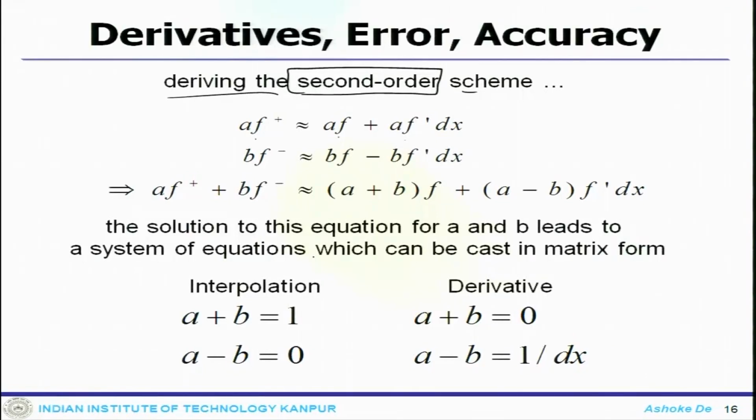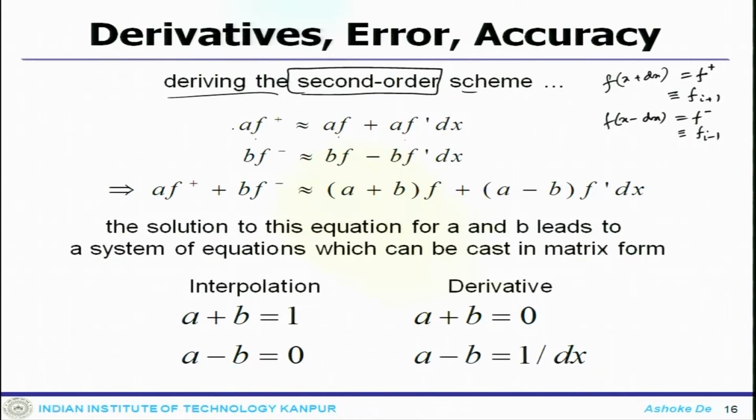So, x plus dx is nothing but represented as f plus, or f i plus 1. Similarly, f of x minus dx is f minus, which is equivalent to f i minus 1.